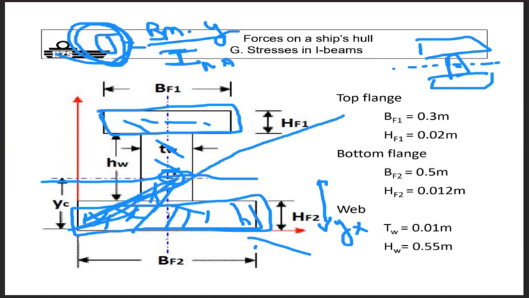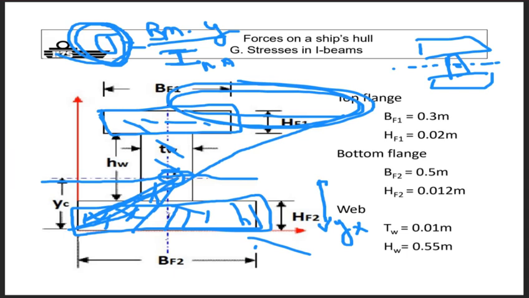So you have much higher stress level here than you have in the bottom. And that you saw in ship construction 1. And that is why, if you do not recall these talkings, please revise ship construction 1 because it's all linked to one another. The further you are away from the neutral axis, the bigger your stresses are.